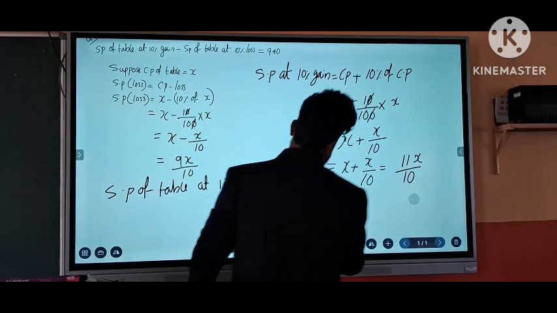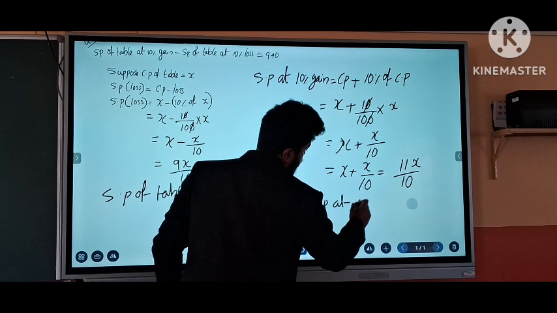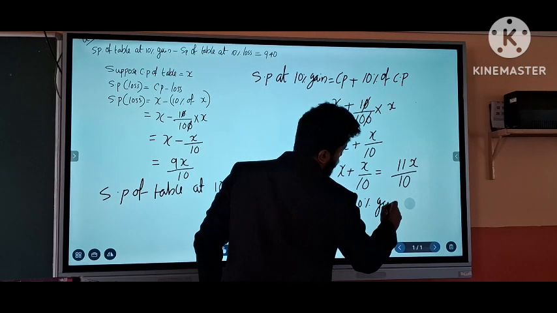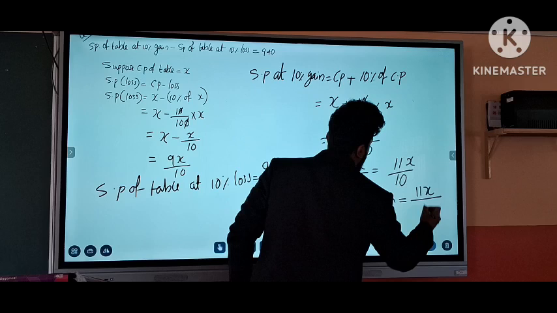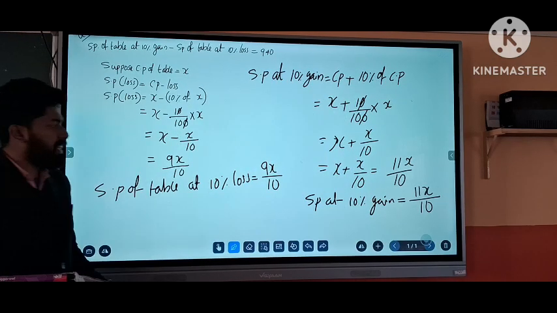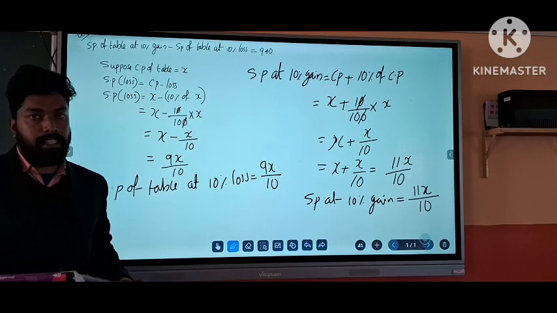So the selling price at 10% gain is equal to 11X upon 10.